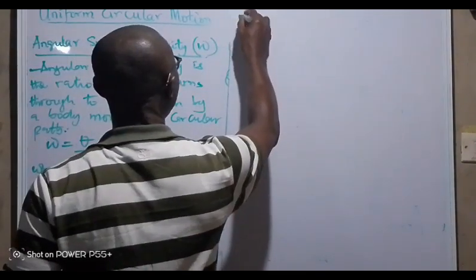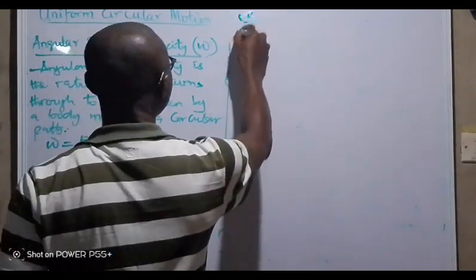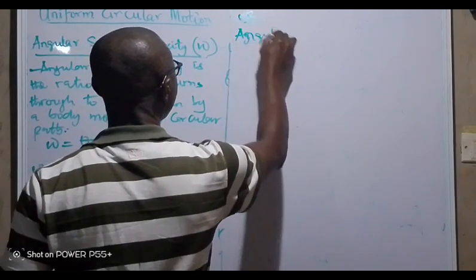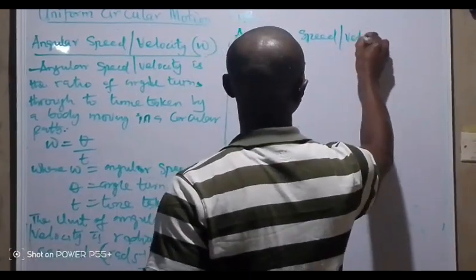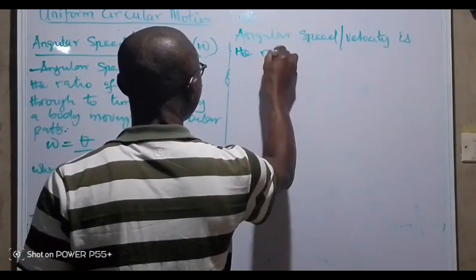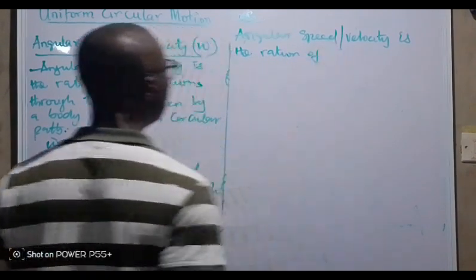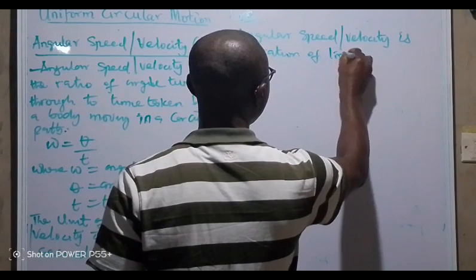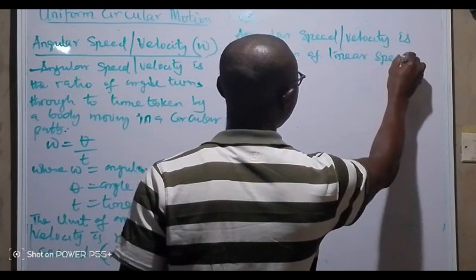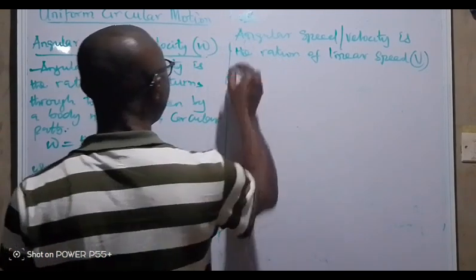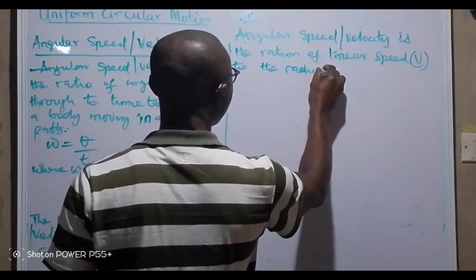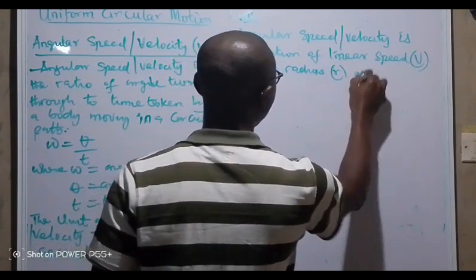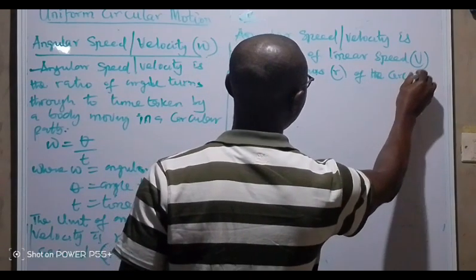Or in another way, angular speed or velocity is the ratio of linear speed to the radius of the circular path.